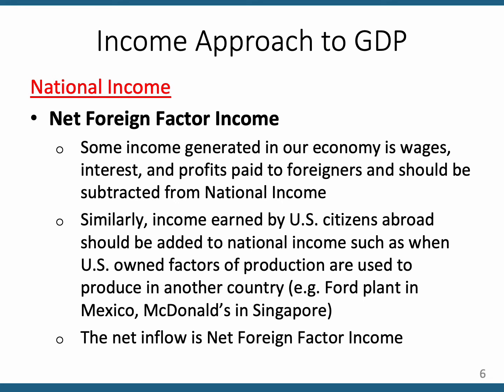And if there were a Toyota plant in Kentucky that's earning lots of income within our economy, the profits portion of that flow out of our economy to Japan, where the owners are, and so that should be subtracted. So this net foreign factor income is making that adjustment to GDP to get national income.